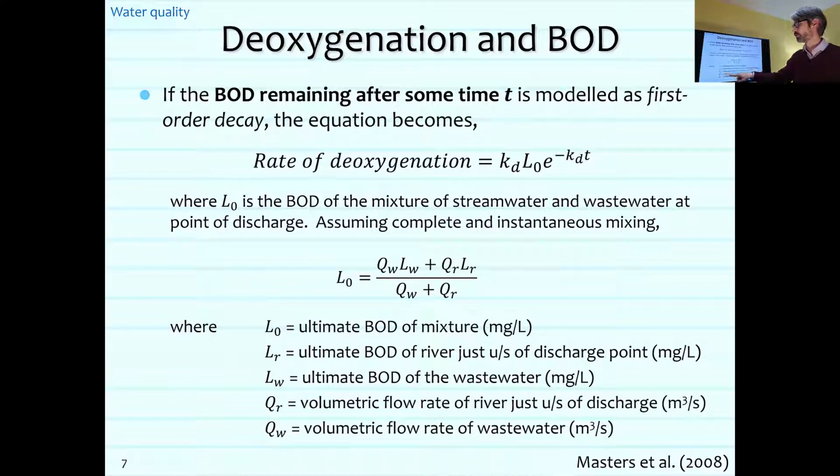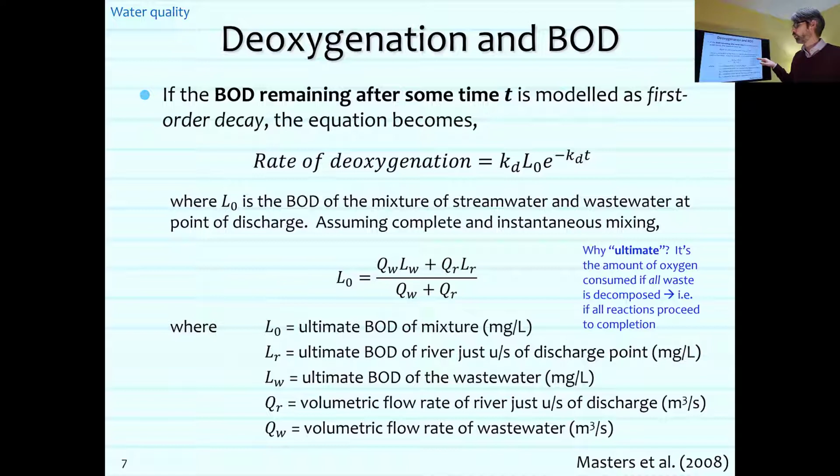So QR is the volumetric flow rate of the river just upstream of the discharge, and QW is the volumetric flow rate of the wastewater, which will again be much smaller. So you should expect this to be a small number, that to be a large number, this to be a large number, this to be a small number, and then this one will be the weighted average.